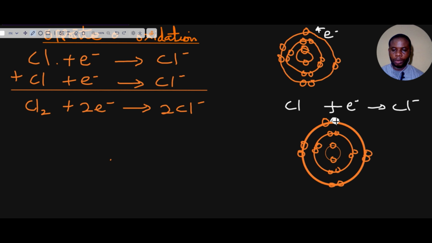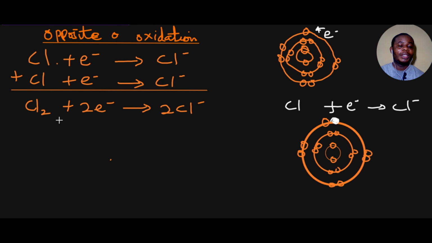To make this octet configuration, the chlorine atom gets 1 electron to become chloride ion, and that is what is here. But because chlorine is diatomic in nature, it has to repeat itself. So that's why I wrote it in this form, chlorine gas. There is addition of electron to this. We call that reduction.